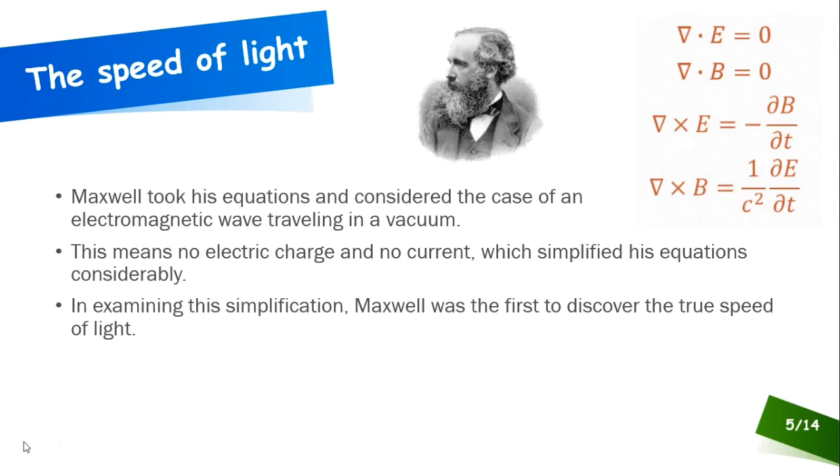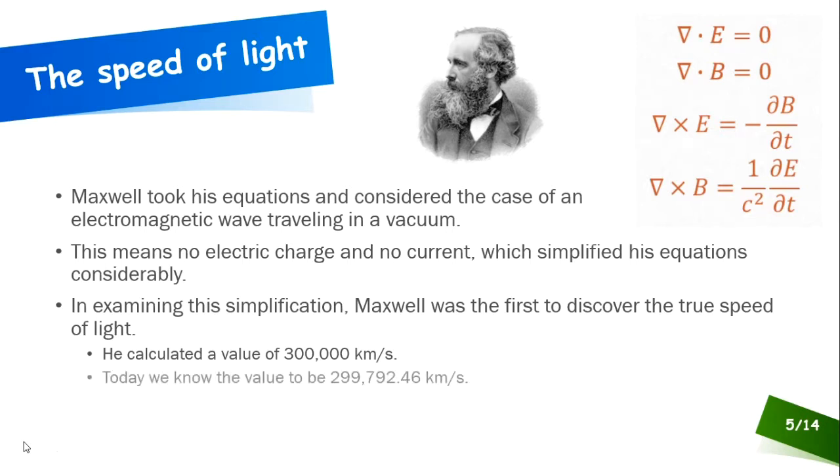And it was Maxwell who sat there and was actually playing around with numbers in his head and came up with an actual value for the speed of light, 300,000 kilometers per second. Now, he did this in his head. This is another reason why I call him the original Victorian geek, because the true value that we've been able to measure today is 299,792.46 kilometers per second.